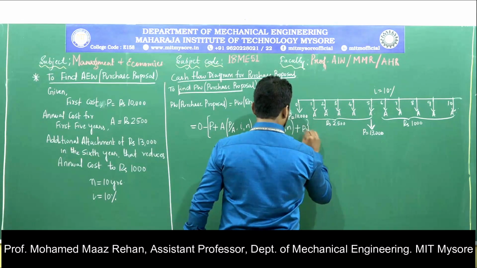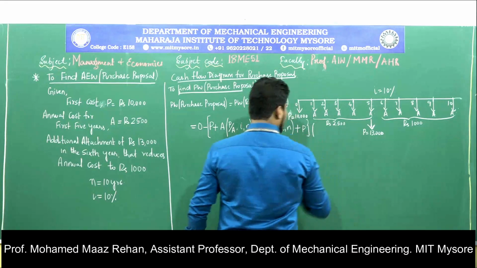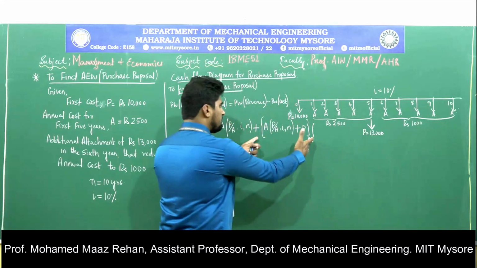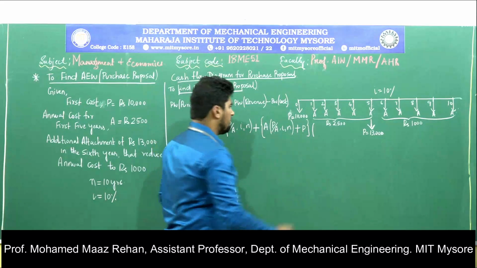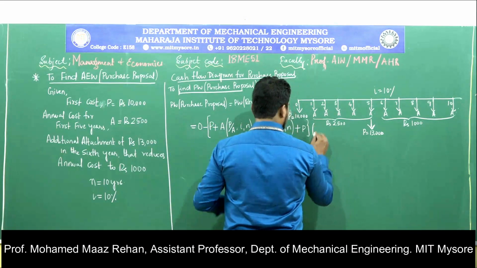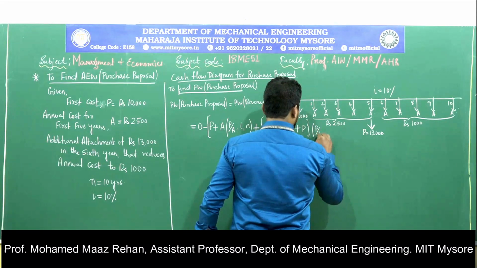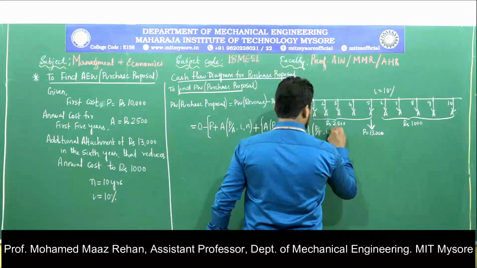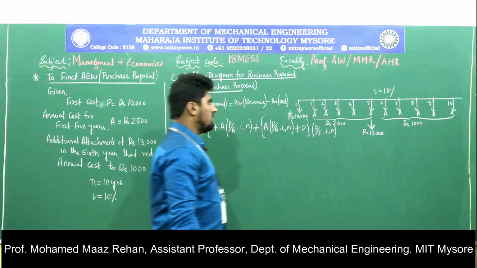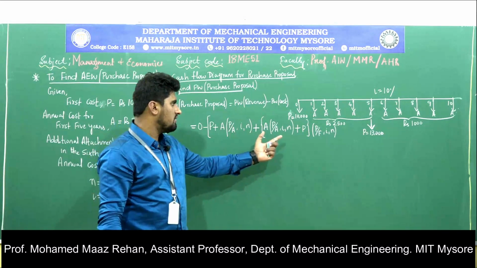So this part I am going to convert again to P. This becomes your future amount. So to find P when F is known, I comma N. I hope this is clear.